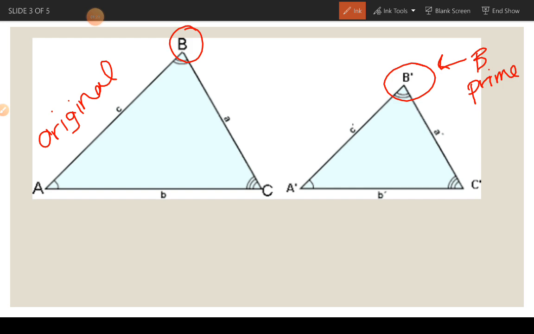Okay, that's how we say it, B prime. And the B prime means it's the new shape. Okay, and you can have as many primes as you need. If I drew another one of these triangles and had A, B, and C, these would be double prime.